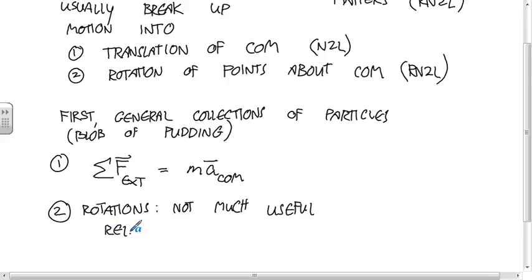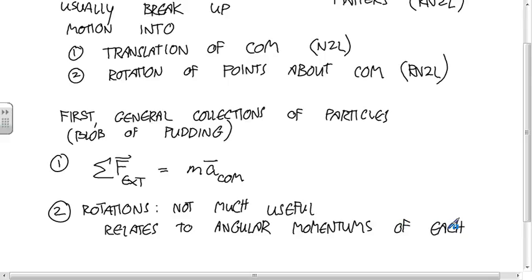So it relates to angular momentum of each individual particle.